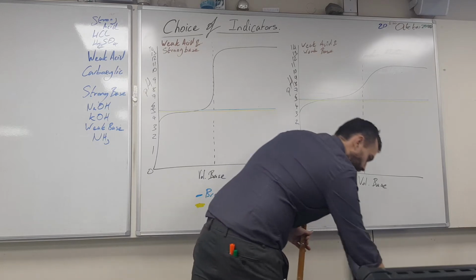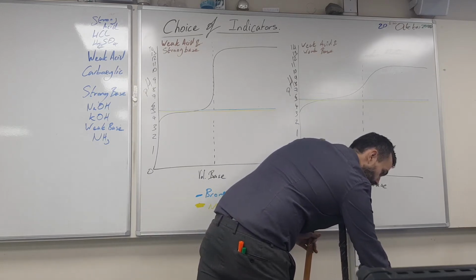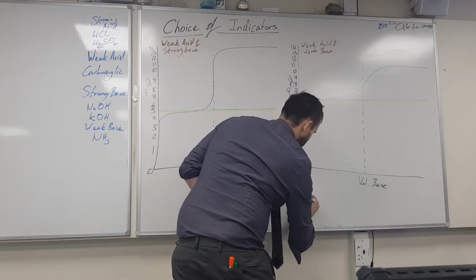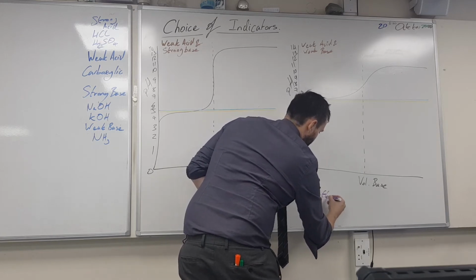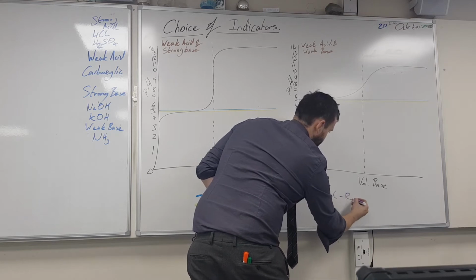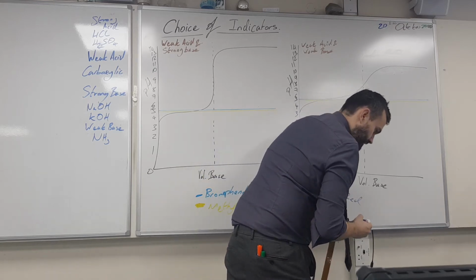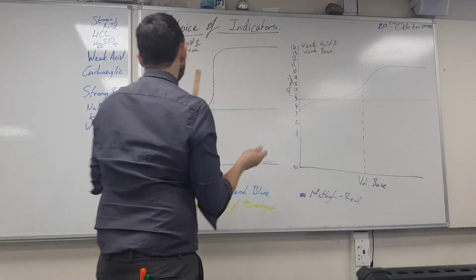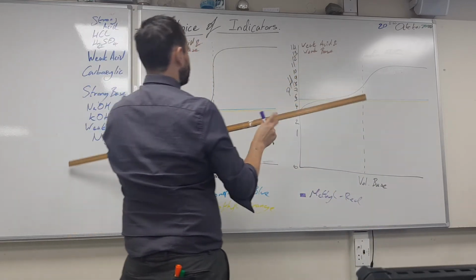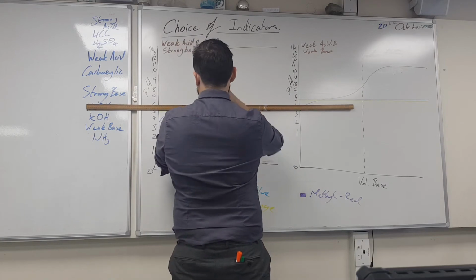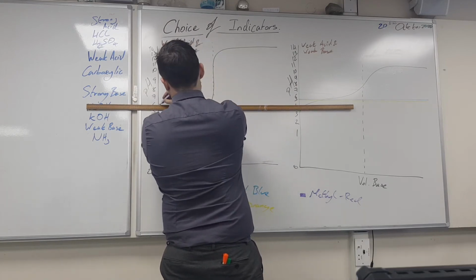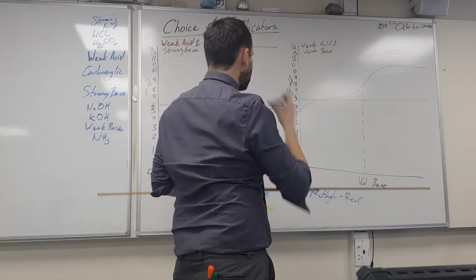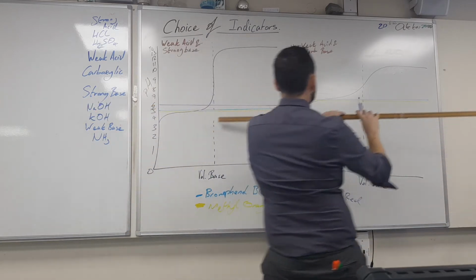Right, the next one, we'll go for methyl red. My methyl red is going to be purple. And the value for methyl red, it changes at 6. So I draw my line at 6 there, and my line at 6 here.